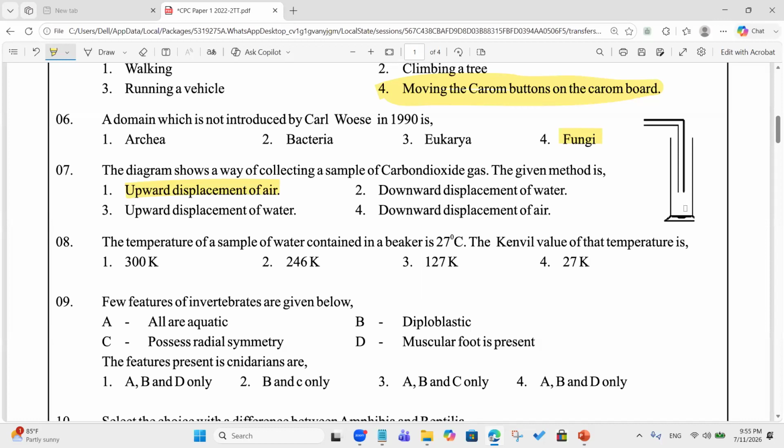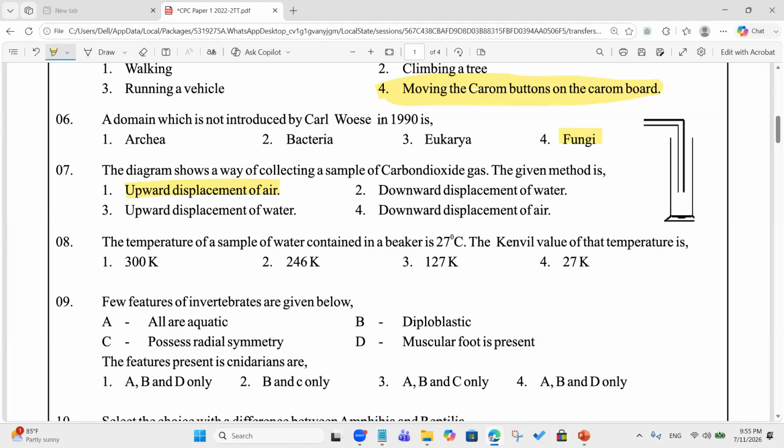What's the gas that we collected using this method? No idea. CO2. Yes, that is carbon dioxide.